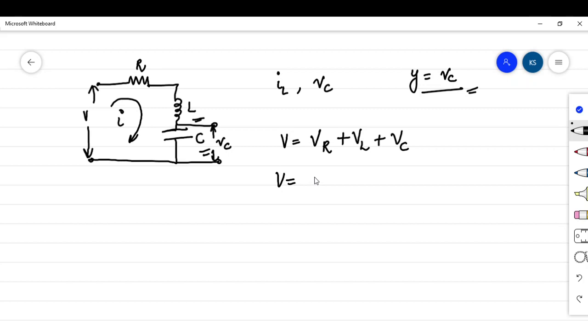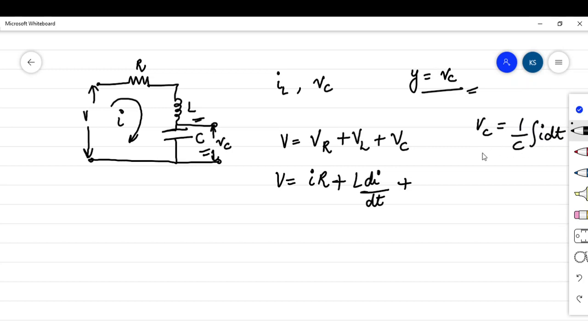As voltage developed across resistance is I into R, so I am writing it as IR plus VL, the voltage developed across the inductor. So VL can be defined as L di by dt, plus VC. VC is the voltage across the capacitor and we know that VC is 1 upon C integral I dt.